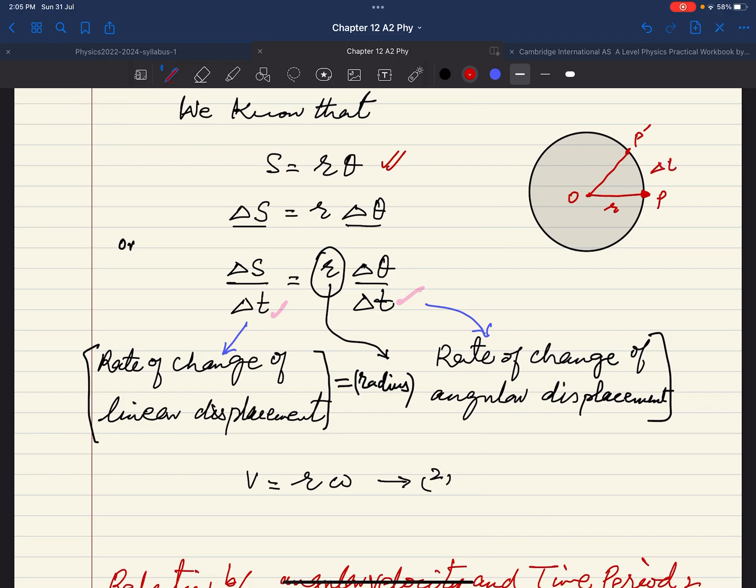So delta t is the time interval and the arc is delta s. From P to P dash, you will have a distance, and of course the rate of change of angular displacement is giving you the linear velocity and angular velocity relation.